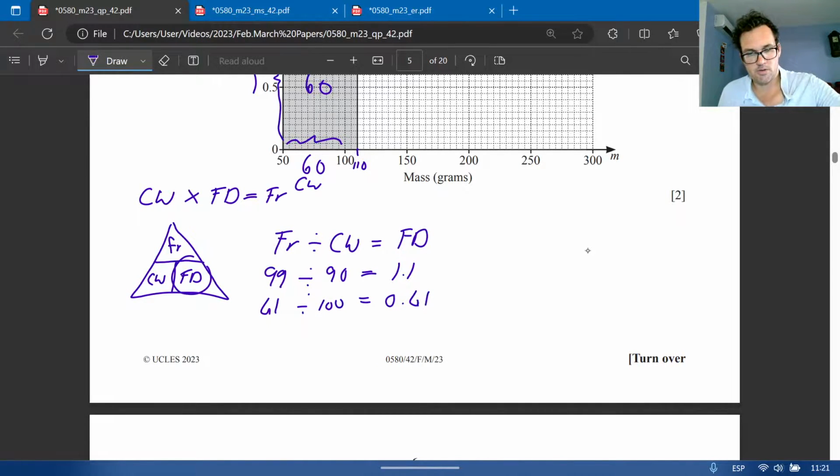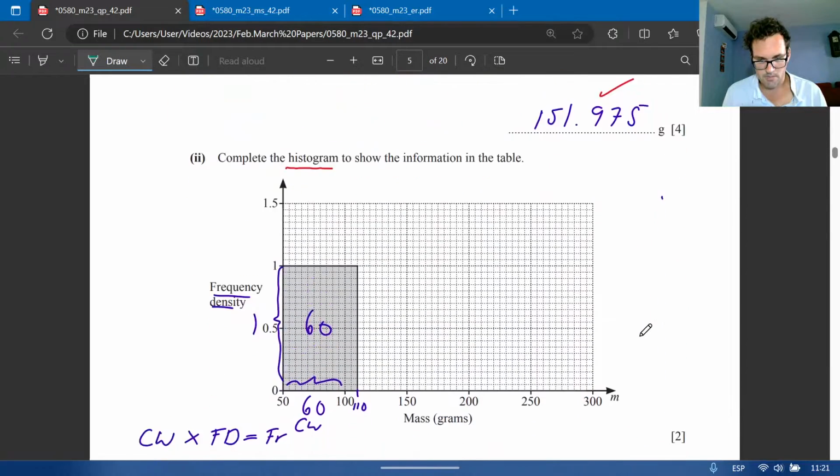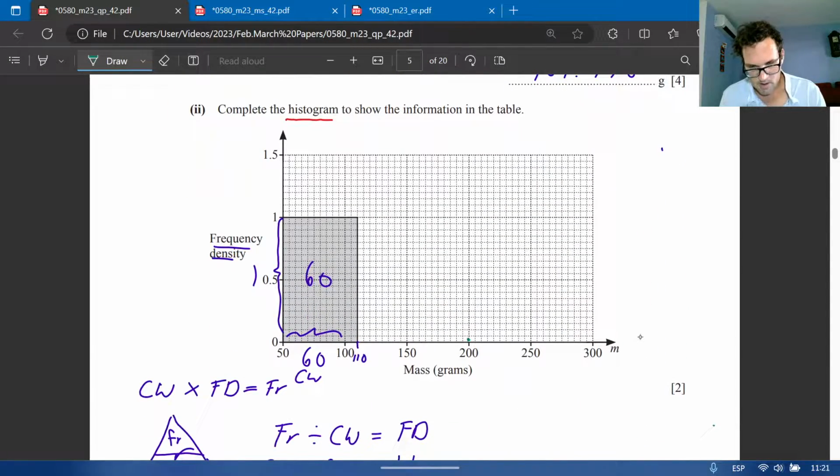So let's draw those bars. Use a ruler and a pencil. What are we doing? From 110 to 200, a bar is going to end there. We need to go up to 1.1. So how many squares? Every 2 squares is 0.1, 1.1, 1.2, 1.3. Yes, good. Man, I hate this because it's difficult on a screen. I need to get a better program.